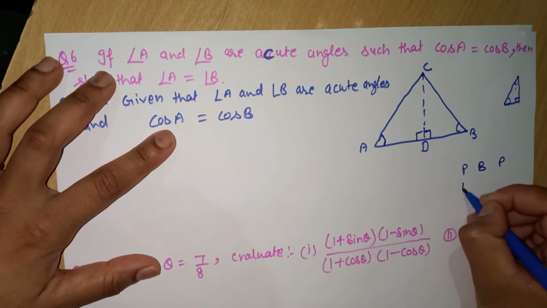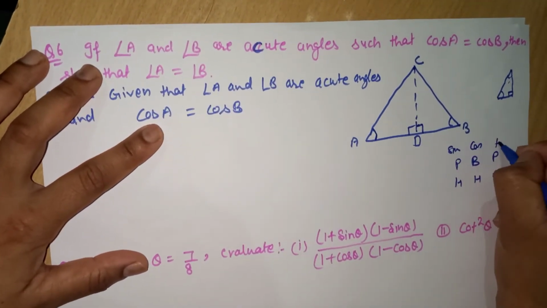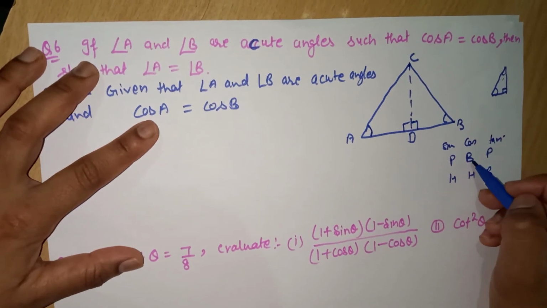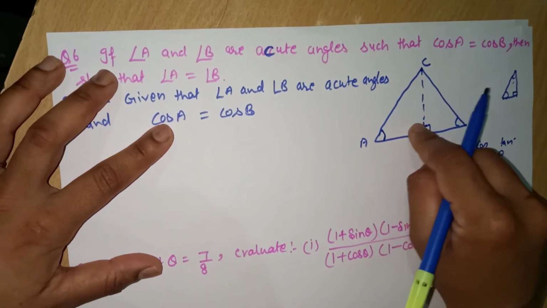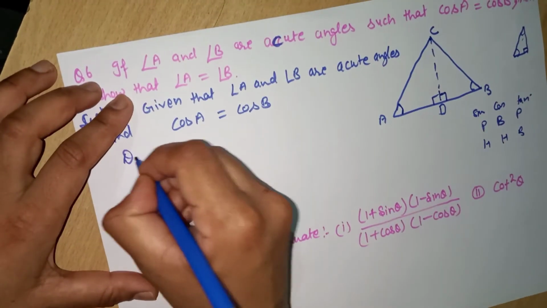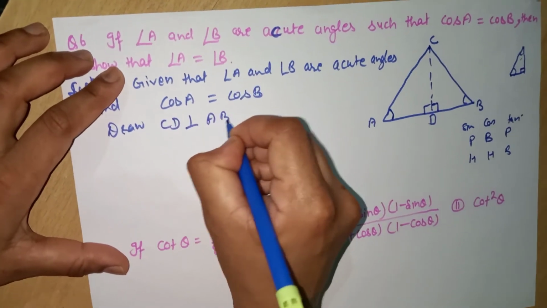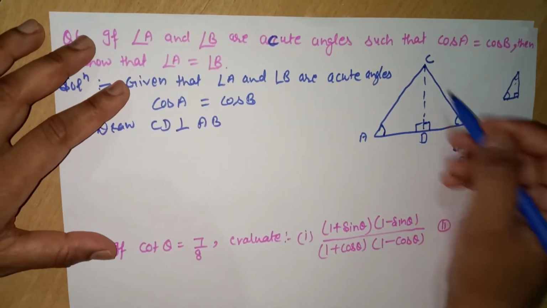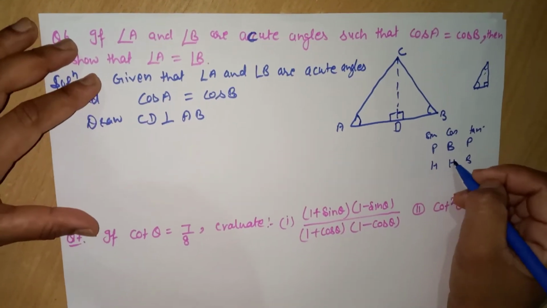Now if we find the value of cos A, angle A is this, then from the formula of sine, cos, tan, the value of cos is base upon hypotenuse. In triangle ACD, what is the value of cos A? Base upon hypotenuse.